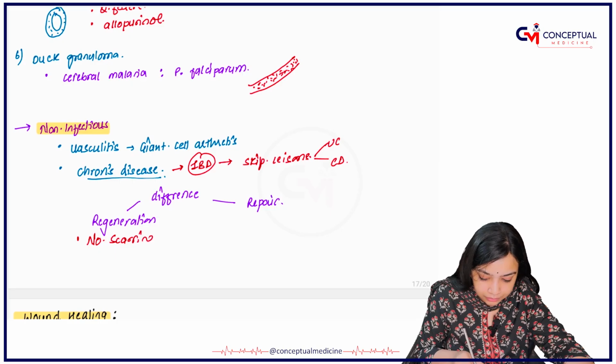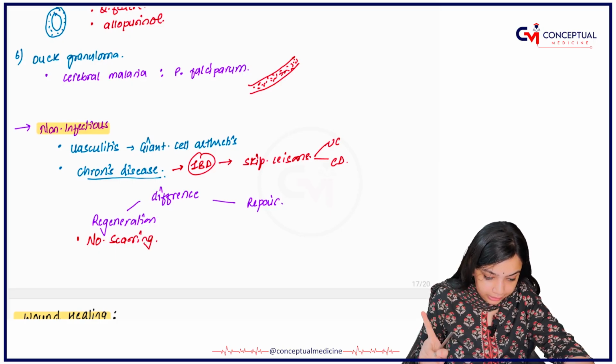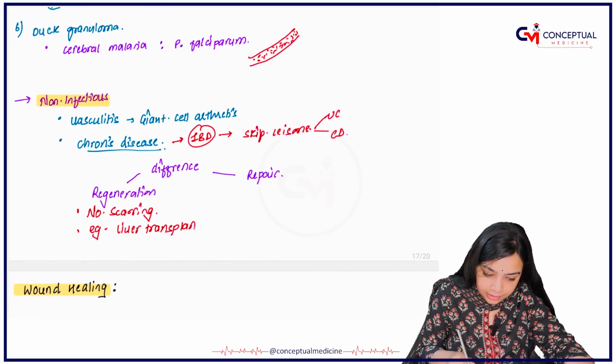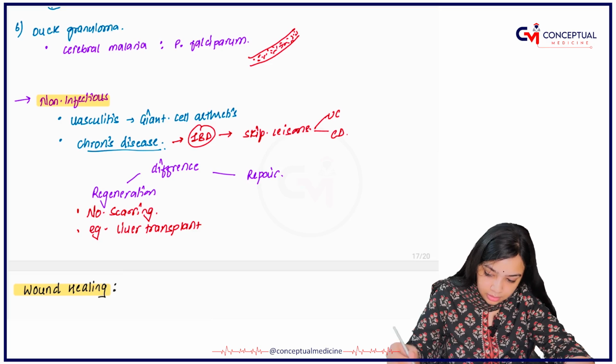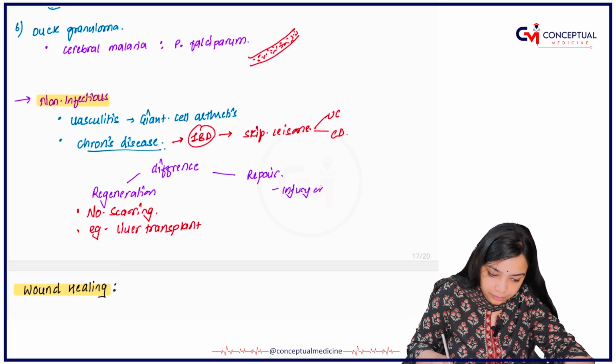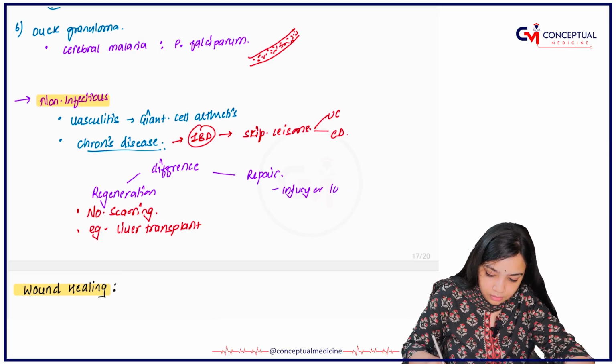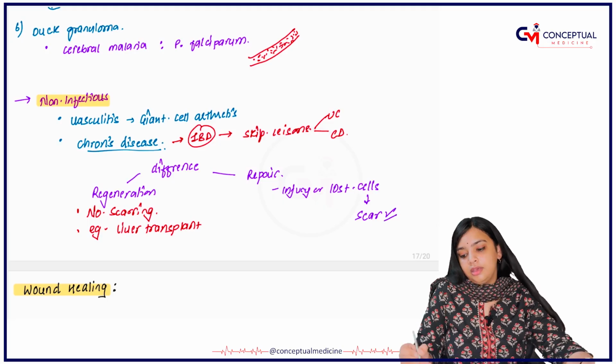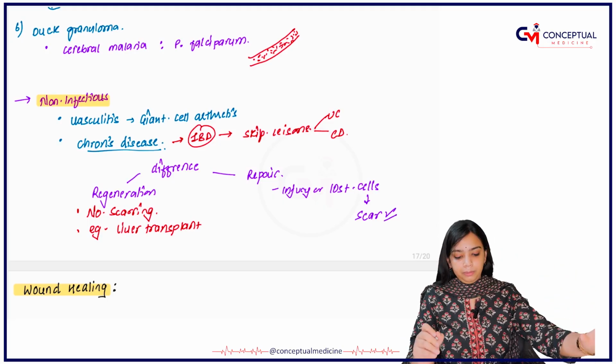Okay, everything will be new, so there will be no scarring. An example I can give you is the liver transplant. And in repair, there is injury or lost cells are basically repaired by the scar. So scar is present in repair.